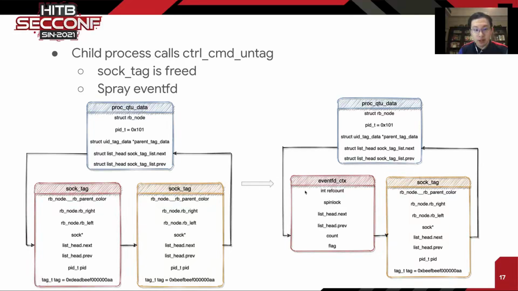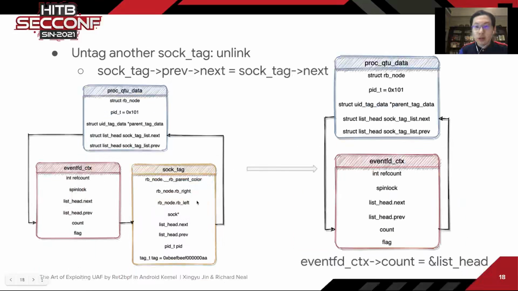So now you see two socket tag structures linked together, and one of them is actually an eventfd structure. Now we untag the socket tag on the right side, so the count of the eventfd structure is overwritten with the address of the list head by the unlink primitive. Now you may get the eventfd count by reading the pseudo file system.